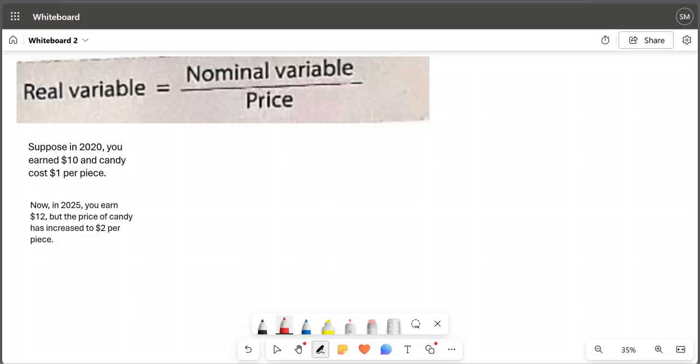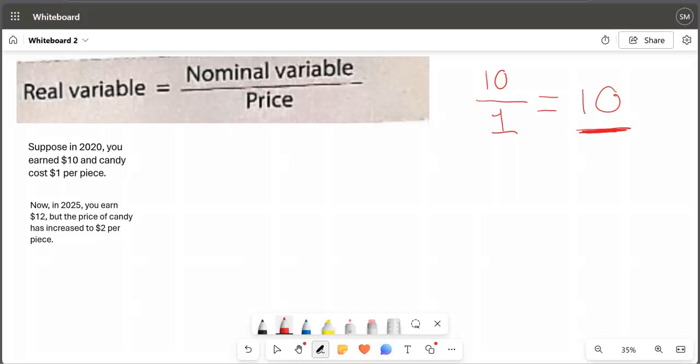The nominal variable here is 10 and the average price is 1. So we get 10, which means that with our salary, we were able to buy 10 candies in 2020.